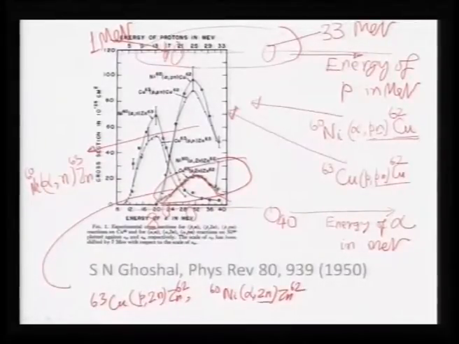So, for the same final product, whether it is formed due to proton reaction on 63 Cu or due to reaction of alpha particle on 60 nickel, the cross section as a function of energy is the same. That means the final decay is independent of how that compound nucleus is formed.